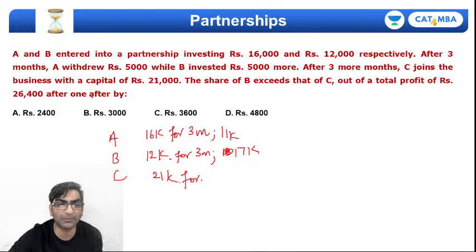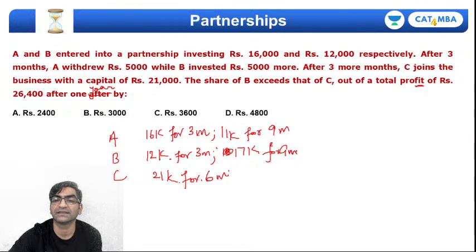I think there is a typo here, after 1 year, right? If all the money was split into profit after 1 year, then C would have remained invested only for the last 6 months. A and B remained invested for an entire year. First 3 months are gone, which means the remaining money will be invested for 9 months.